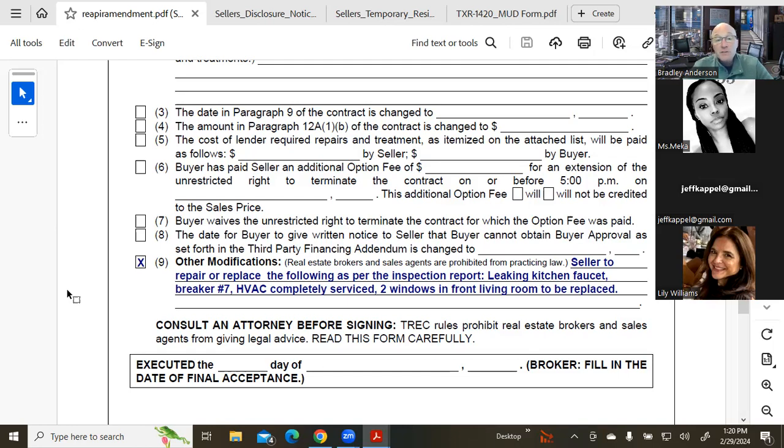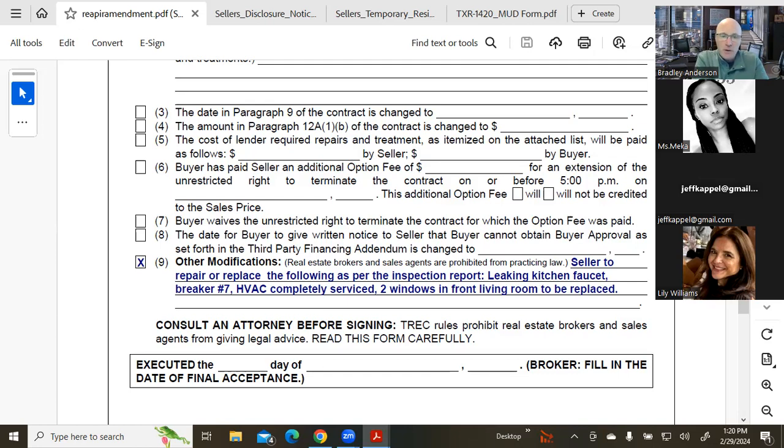Okay. I also use the word repair or replace, or in my last example, 2 windows in front living room to be replaced. So you can't be vague when you're asking for repairs, because again, just like my example of the buyer who didn't want to close because they didn't think the home was clean enough, these repairs can be extremely subjective, right?